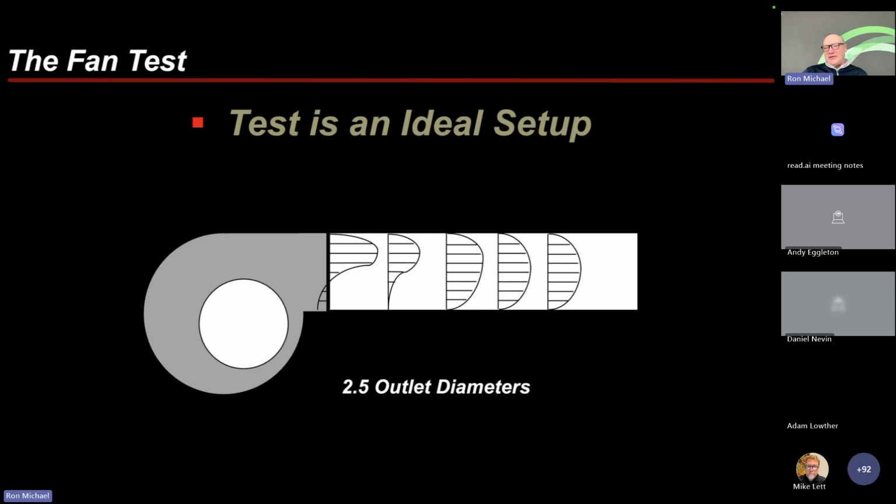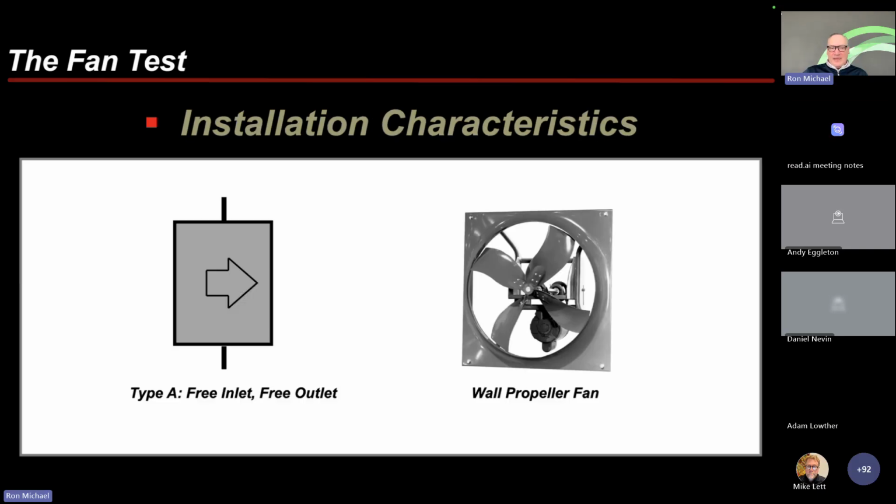I always point this out because a lot of times we'll get calls and engineers will ask if they can put, let's say, a stack on an upblast blower. And I say yes, as long as they maintain the exact same geometry. A 3 foot stack will actually make the fan work a little bit better. Okay. All right. So, obviously, a prop fan is a free inlet, free outlet test.